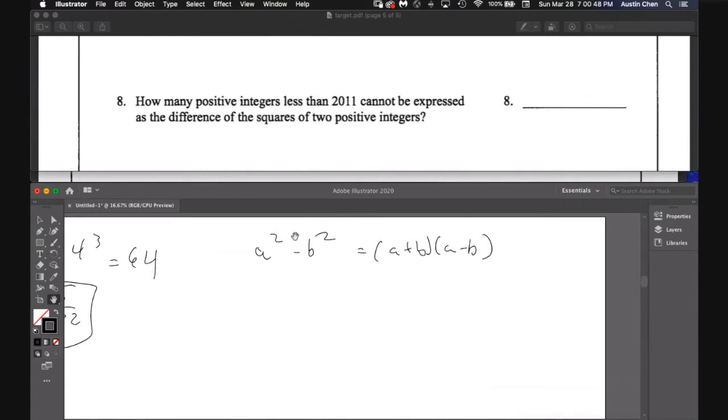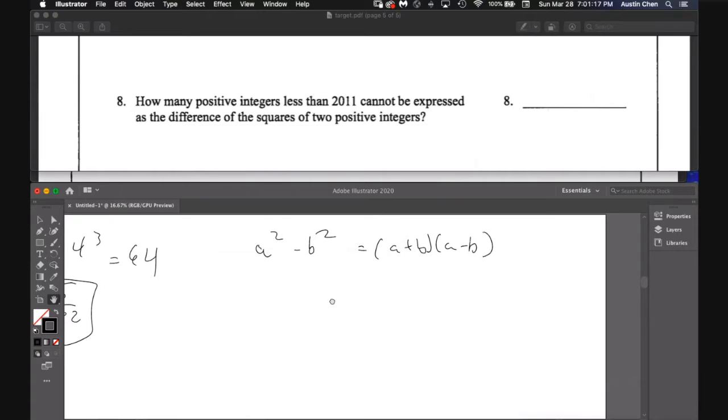Just working with the raw a squared minus b squared, where a and b have to be positive integers, it's a little bit hard to work with, and we couldn't think of anything intuitive to come up with from this raw form. So we're going to work with this a plus b times a minus b form.